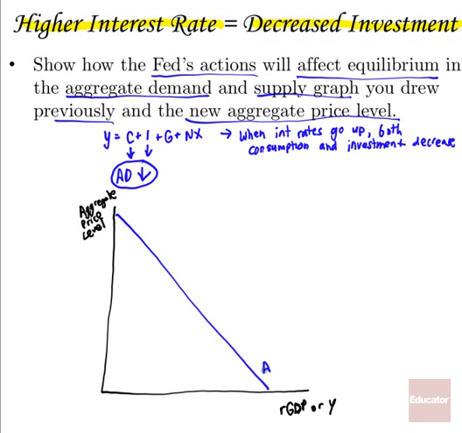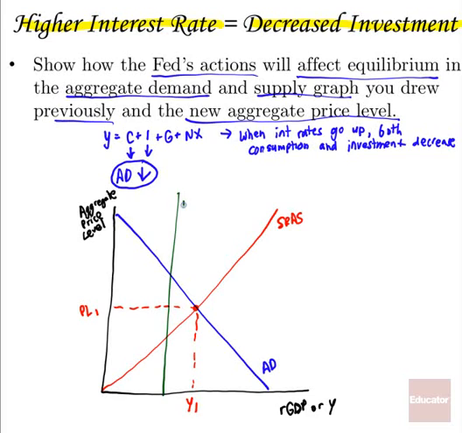When you're drawing this, you have the aggregate demand and you have the aggregate supply, the short run aggregate supply. And here's this equilibrium output, this is Y1, and this is PL1. And again, you had the inflationary output, so the LRAS is to the right. This is the YP, Y potential.